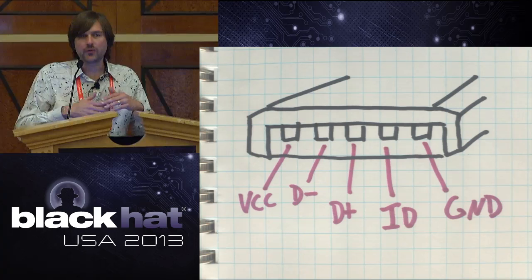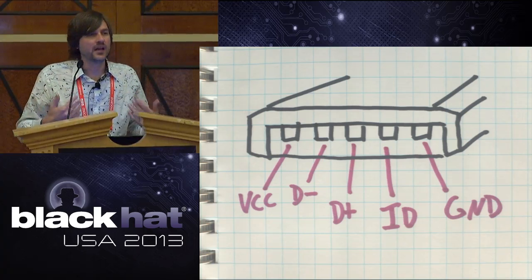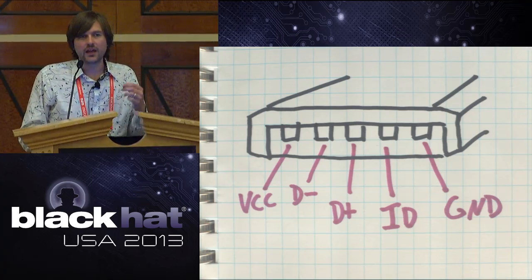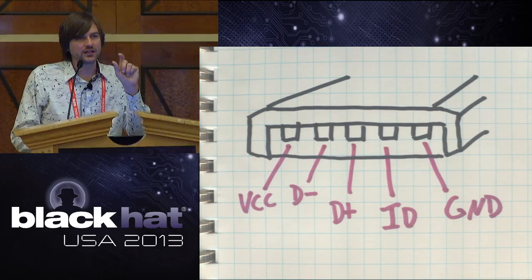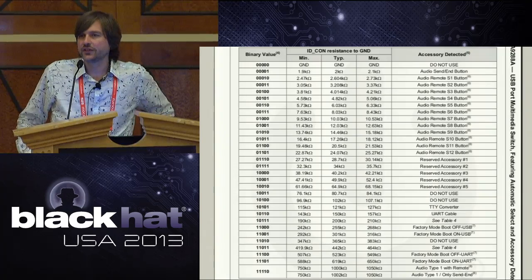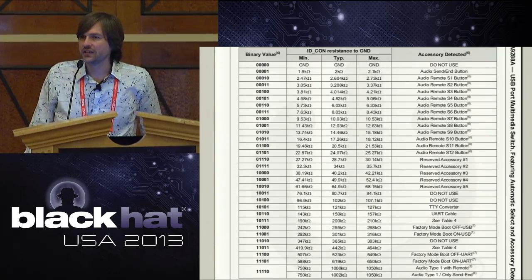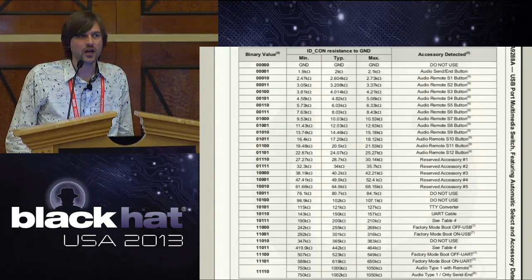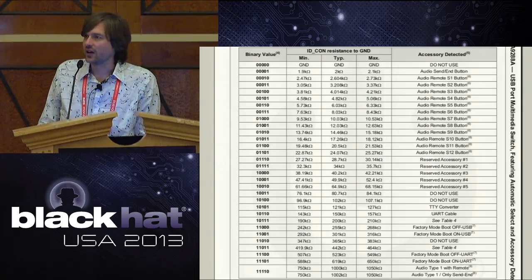And manufacturers have extended that over time, where they start detecting different resistances between ID and ground. And so this is a list of all the different resistances that can be detected by that particular multiplexer IC that I showed earlier. You'll notice it's quite a large list.